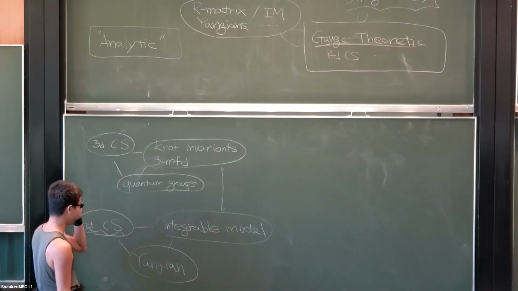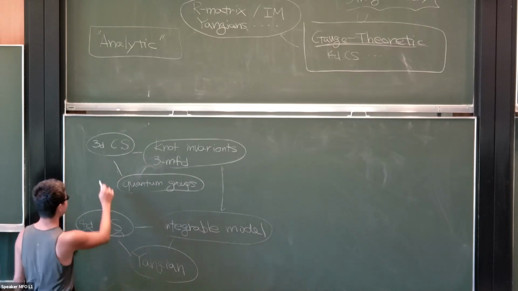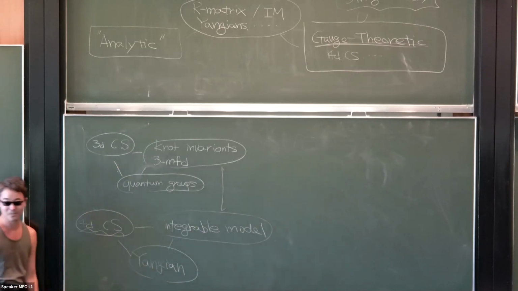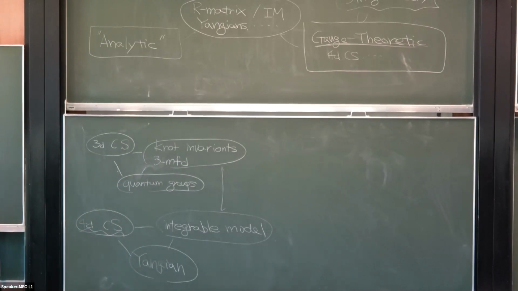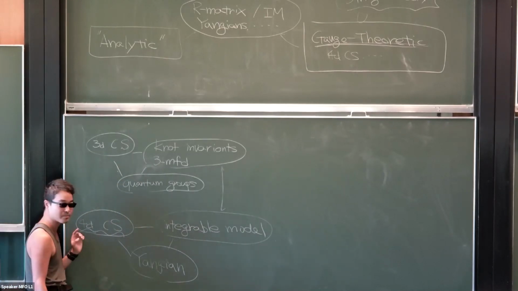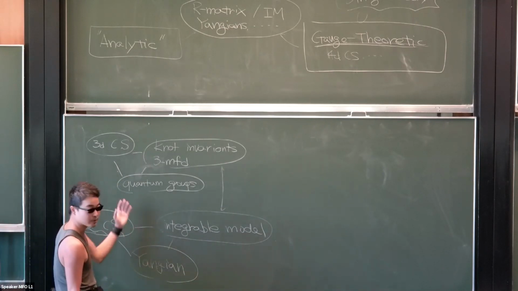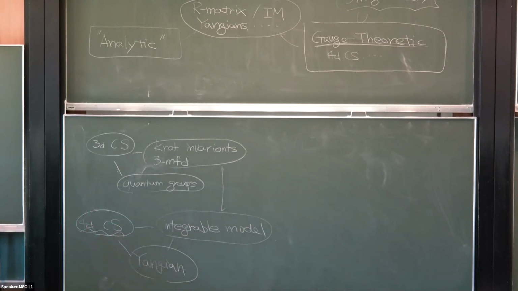So it was an obvious question for Witten to ask whether there could be an integrable model counterpart for the 3D Chern-Simons theory. But it turns out to be a very simple answer, and that's the 4D Chern-Simons which we are talking about.